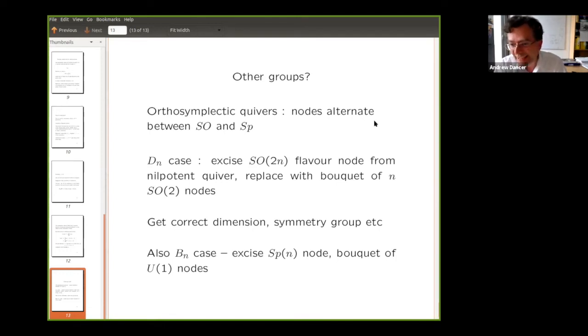So I won't go into the details about how that changes. But this procedure does give us the correct dimension and symmetry group. And again, one can check that over on the Coulomb branch, when you're reducing by the maximal torus, you're getting the nilpotent cone as expected. That's for the DN case.